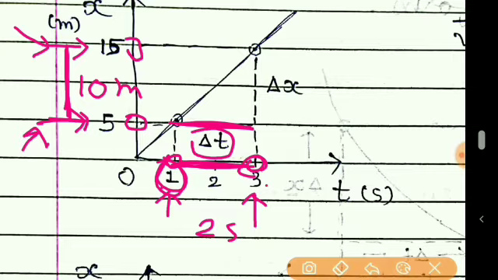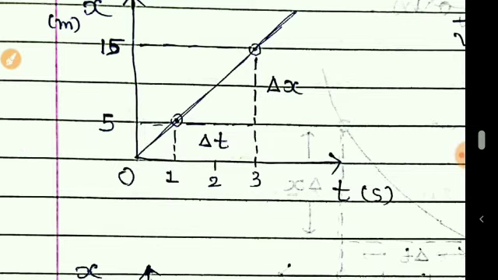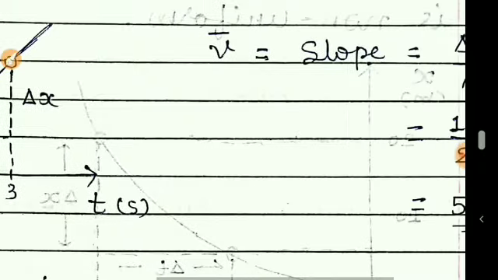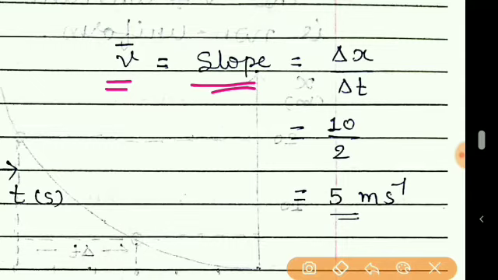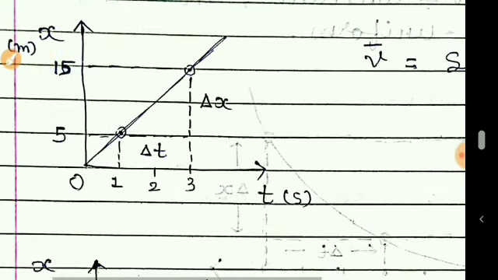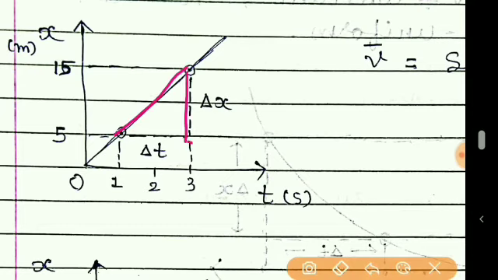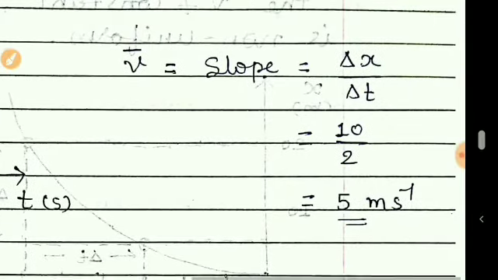So we can find the average velocity as like this, that average velocity v is nothing but it is the slope of the graph. You can see here that we have obtained the slope. Delta x upon delta t will give you the slope of this straight line, and so here this slope will give us the average velocity.